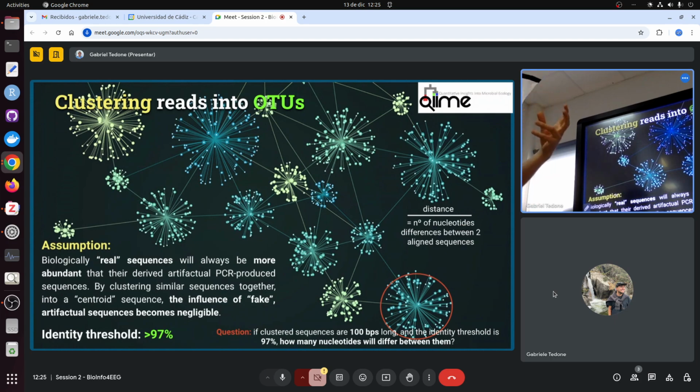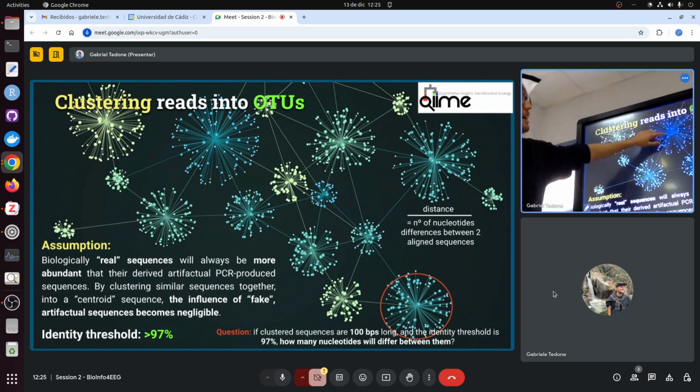artifactual sequences. Biological real sequences will have bigger dots, which represent abundance. And from these sequences, during the sequencing technology, some sequences get formed due to PCR errors.